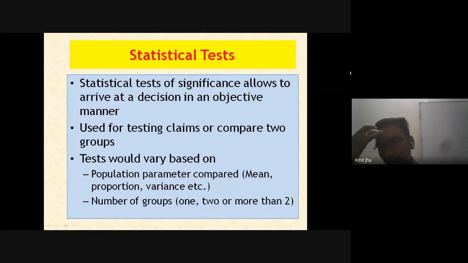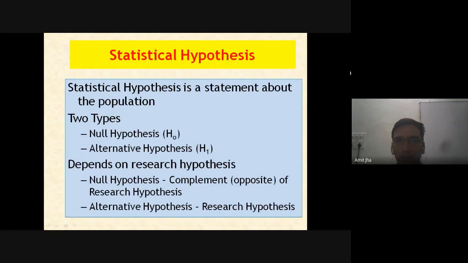So statistical tests are used for testing claims or comparing two groups. The test would vary and will be based on the population parameter, that is mean, proportion, variance, and also the number of groups. So if we have to conduct an experiment, then first we hypothesize, which we call the hypothesis.